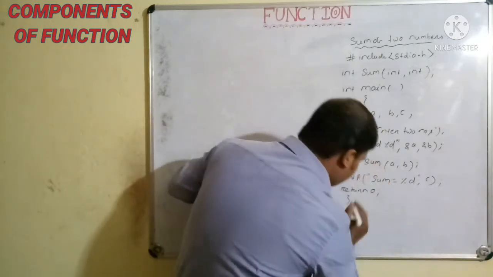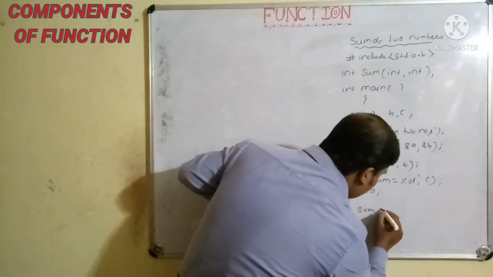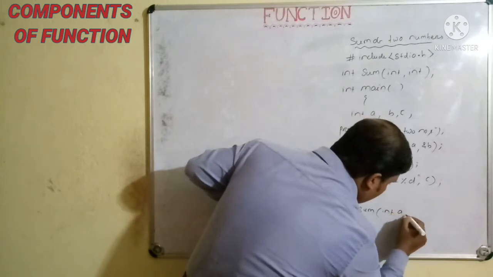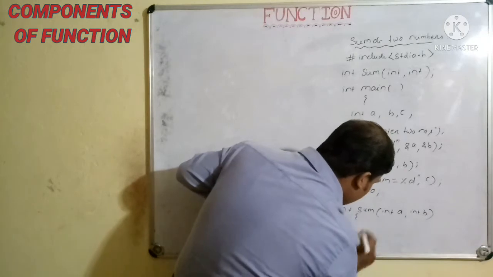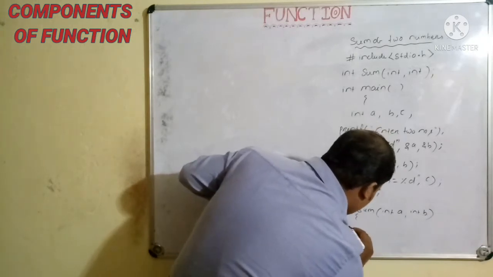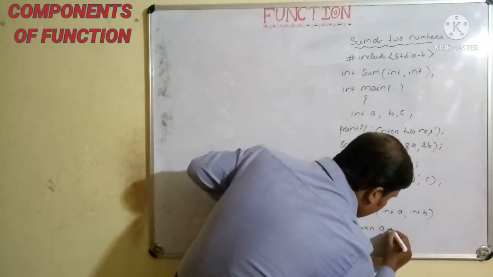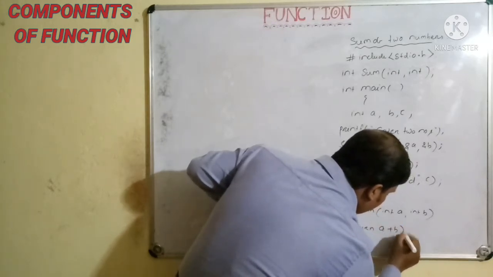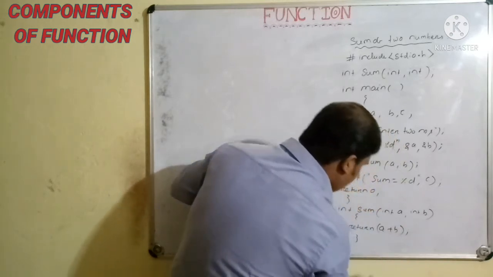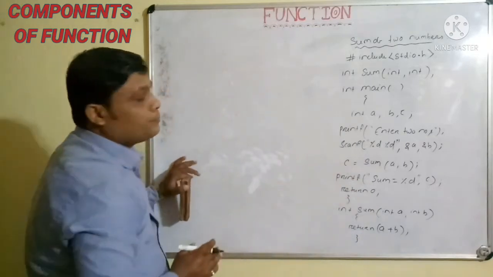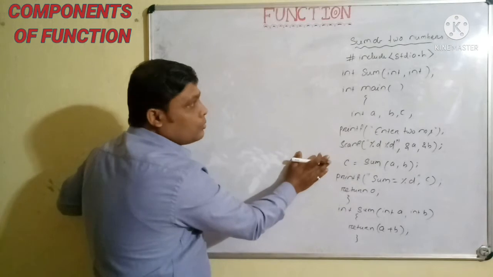Then define this function: int sum(int a, int b), then return a + b; then this is the end of this sum function. Just see this small example or program.